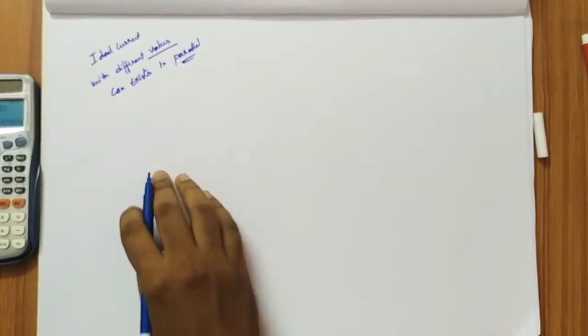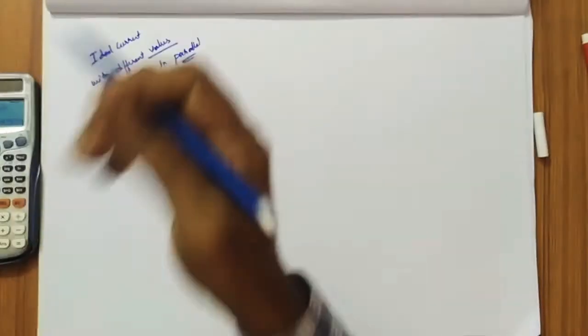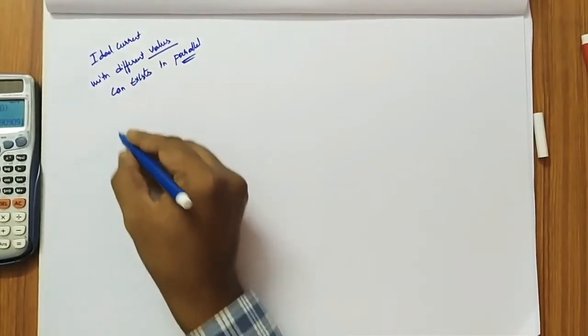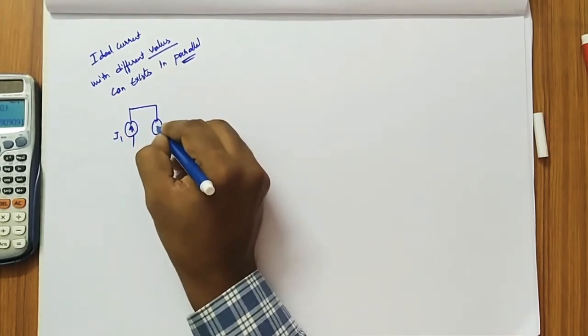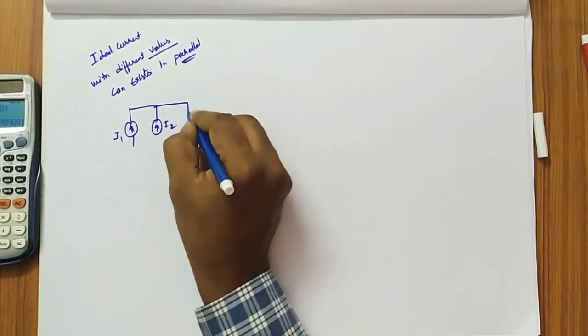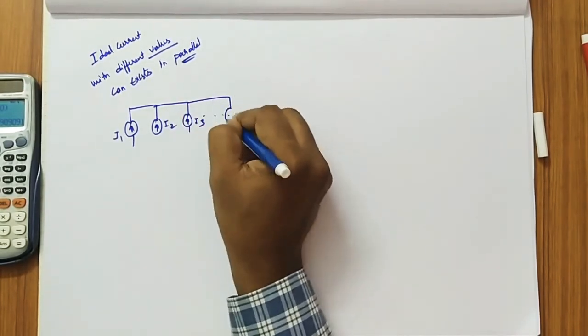Let us say this is ideal current source I1, this is I2, this is I3, up to infinite, IN.